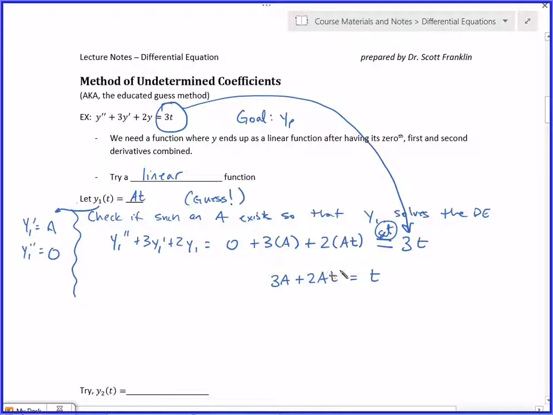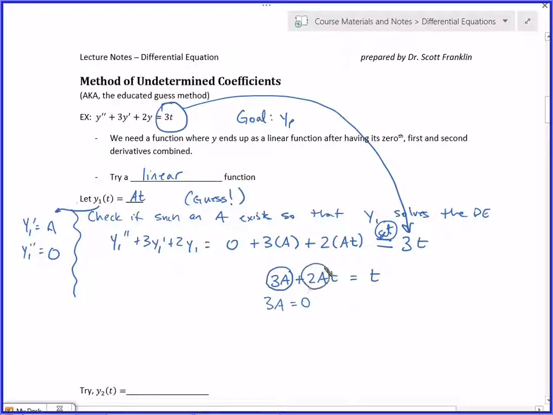When we set their coefficients equal so they're identically the same, we end up with, well, what's the constant term on the left-hand side? 3a. What's the constant term on the right-hand side? There is none. So 3a has to equal 0.